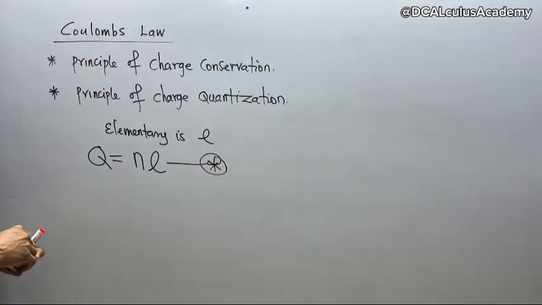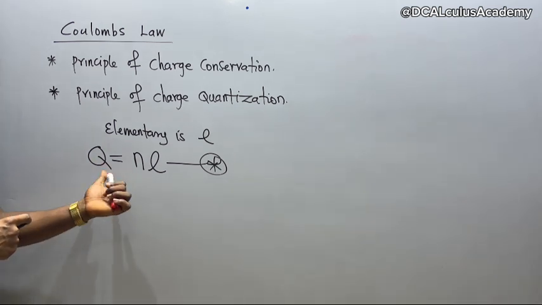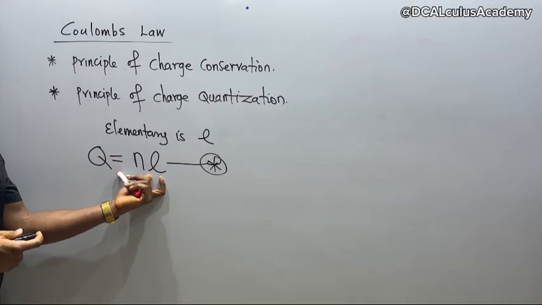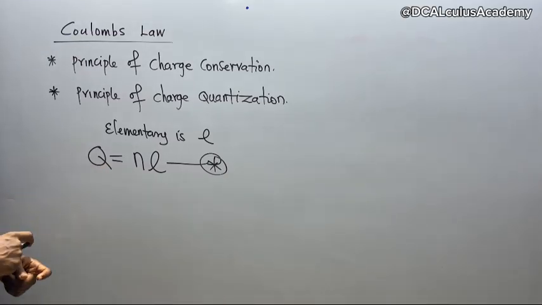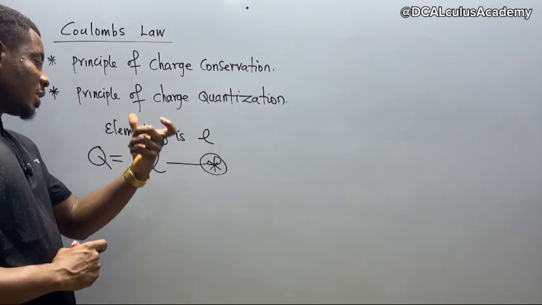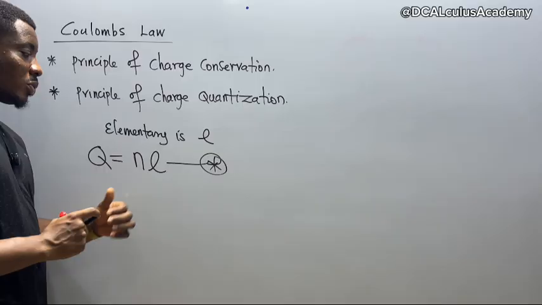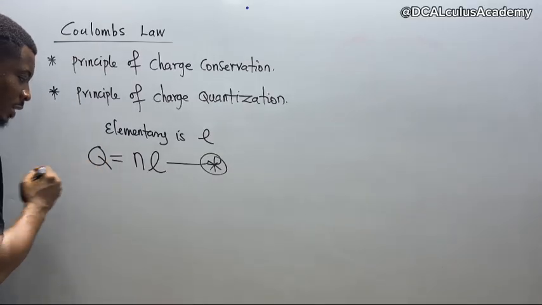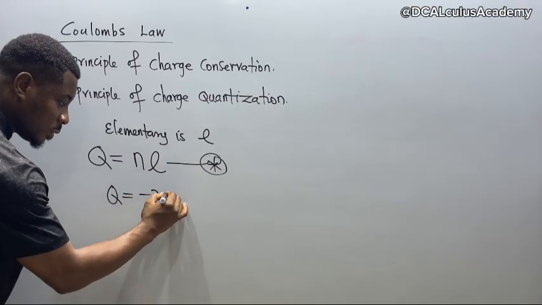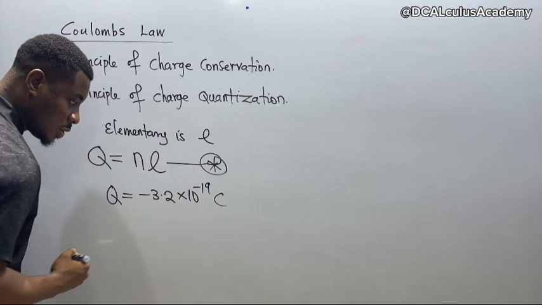So when you see Q equals NE, Q stands for total charge, N is an integer, and E is the elementary charge. You could still state the principle of charge quantization as: charges exist as a whole number multiple of the elementary charge. For instance, let's say I have a charge Q equal to minus 3.2 times 10 raised to power minus 19 coulombs.